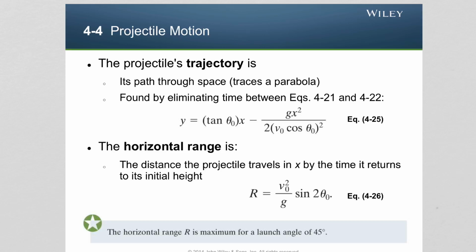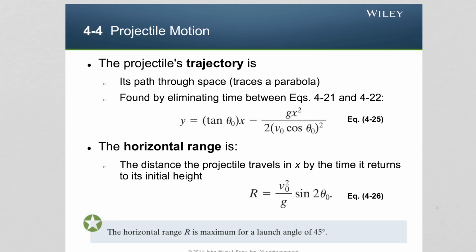I already stated that the trajectory of the projectile is a parabola. The equation that can calculate the trajectory is given with this formula. So y is equal to tangent of theta times x minus g x squared divided by 2 times v0 cosine of theta to the second power.